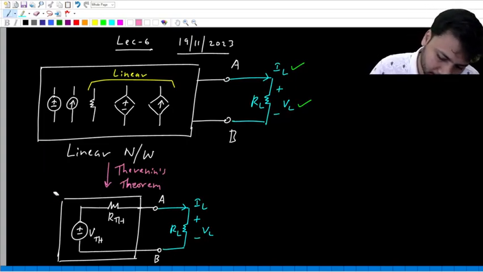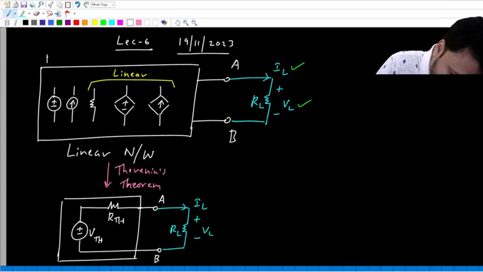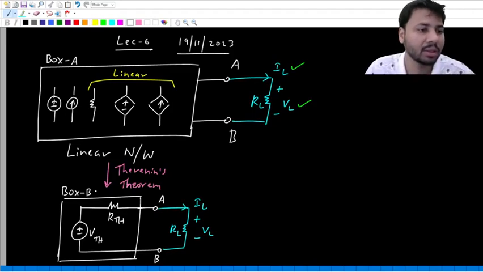Or let me call this Box A, and this Box B. So what is the relation between Box A and Box B?